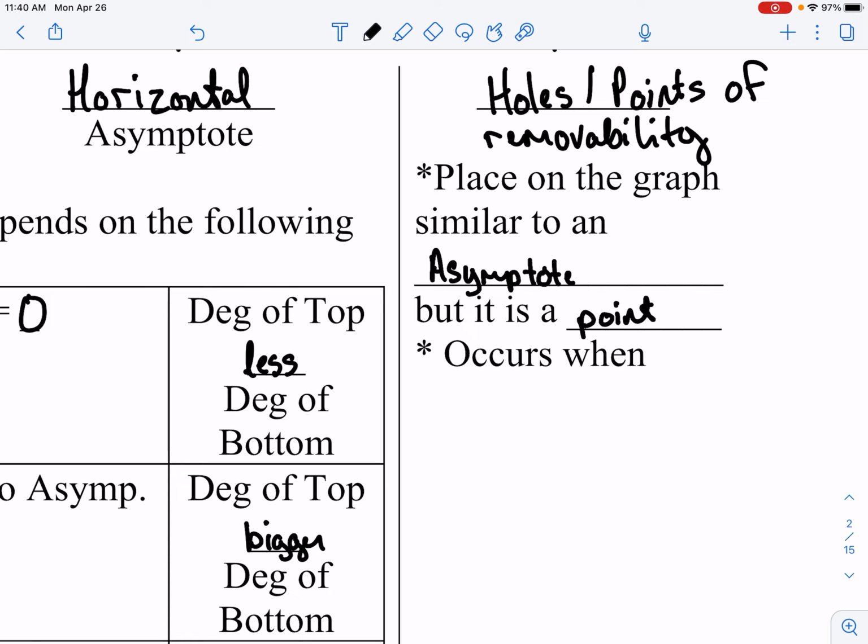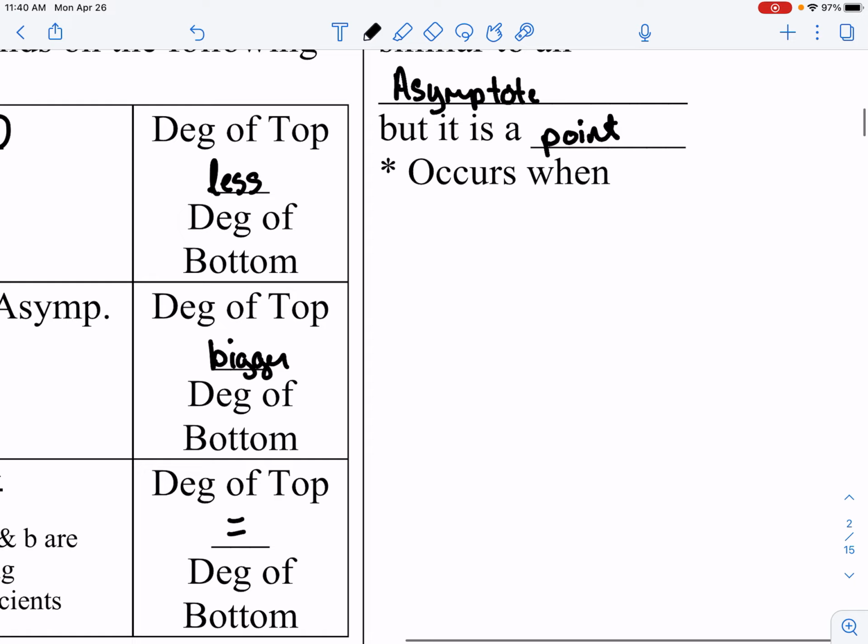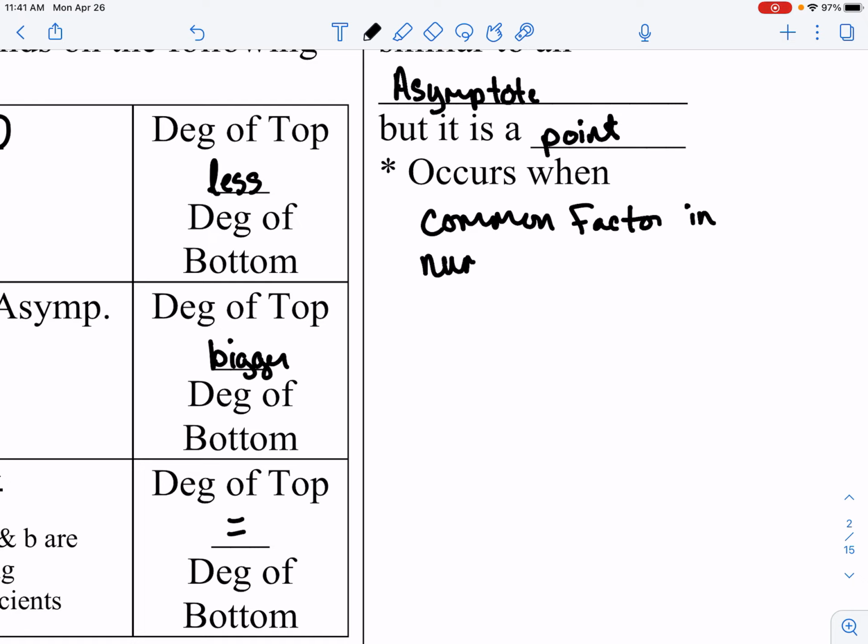So how does this occur? Well, it occurs when you have a common factor in numerator and denominator of rational functions.